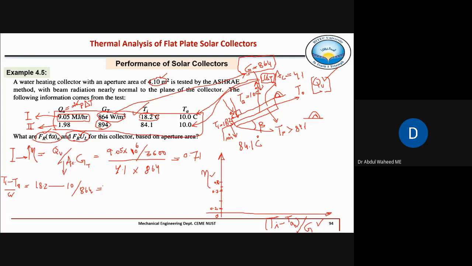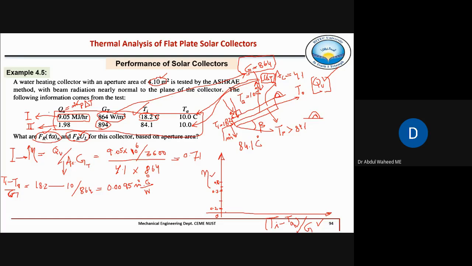So this is 0.0095 meter square Celsius per watt, because here you have watts per meter square.